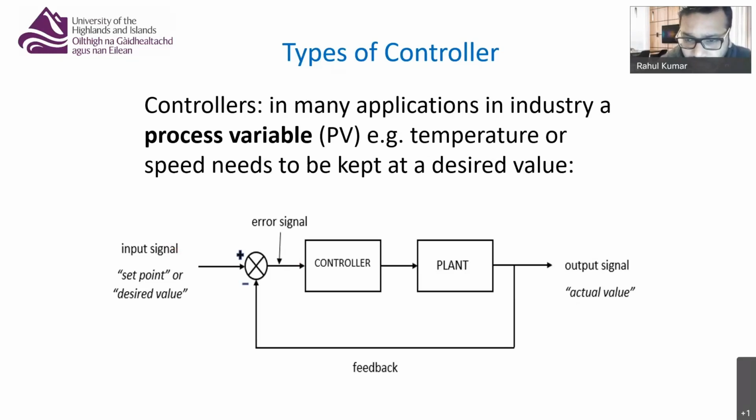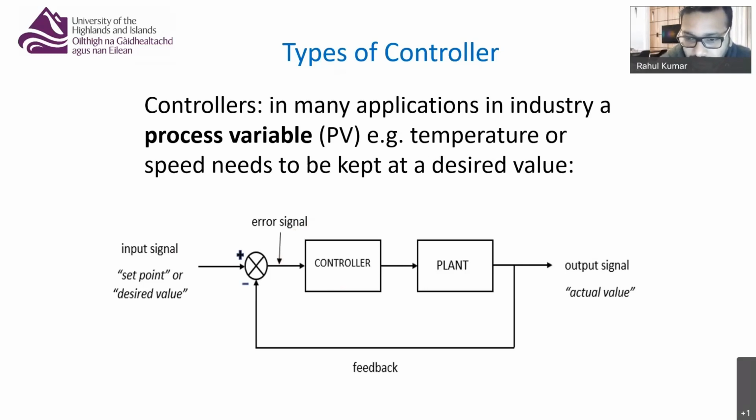Obviously, for this purpose, we use a feedback system where we compare the output signal with the input signal or the set point and generate an error signal. According to this error signal, your controller tries to reduce the error or the difference.